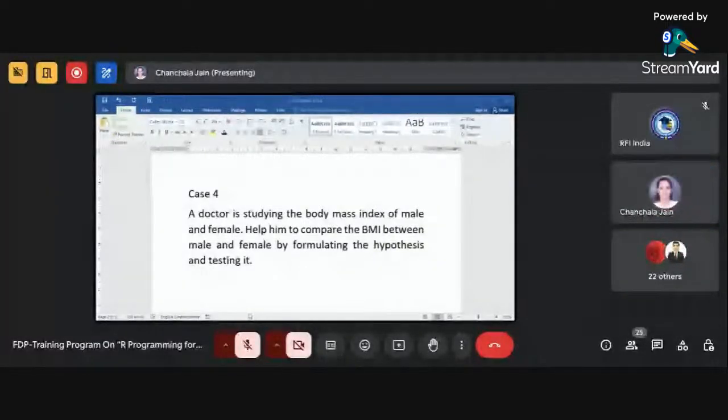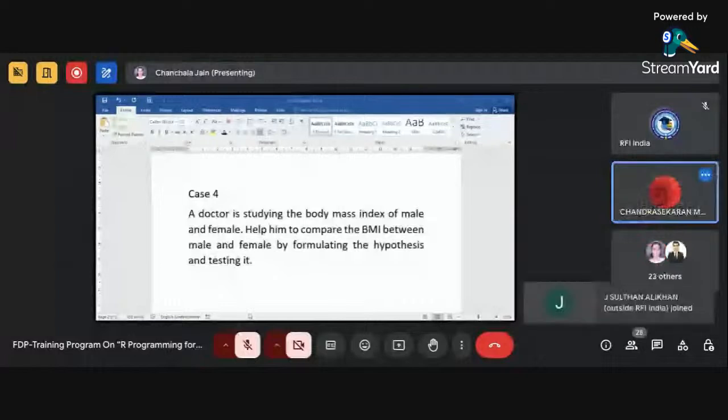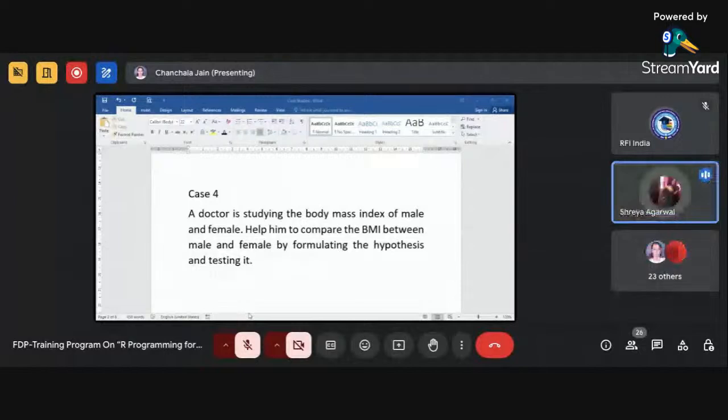Okay. Chandrasekhar sir is saying correlation. Any other opinion? Ma'am, according to me, it is an independent sample t-test only. So Abhishek sir and Shreya ma'am are going with independent samples, and Chandrasekhar sir is saying it can be a case of correlation. Any other opinion? That is what I am asking, because you need to understand the situations.